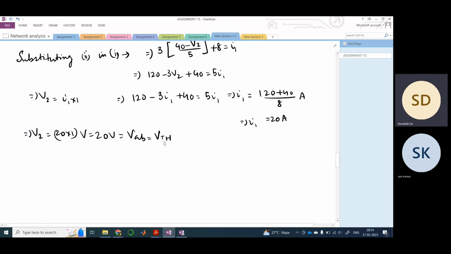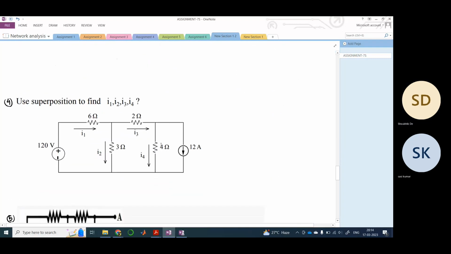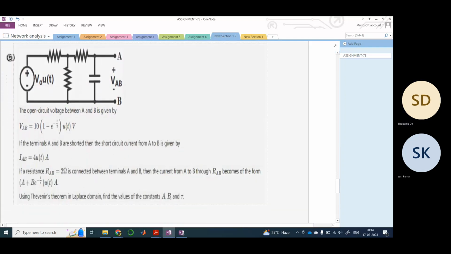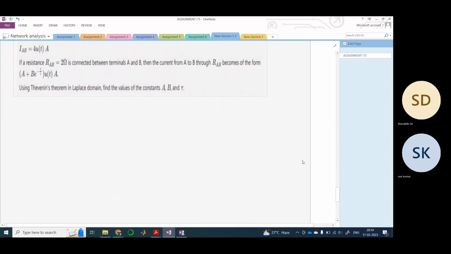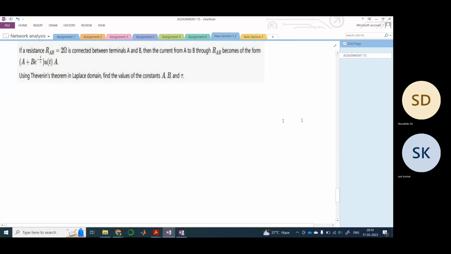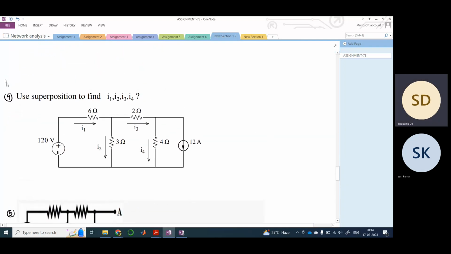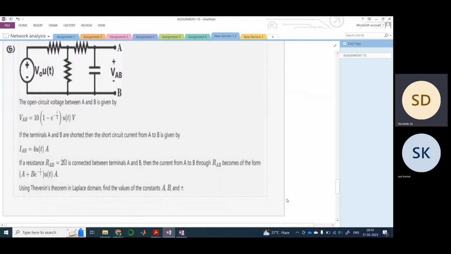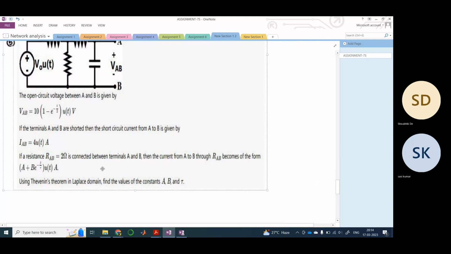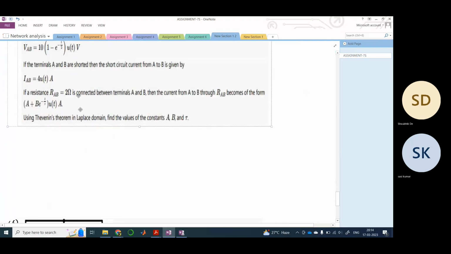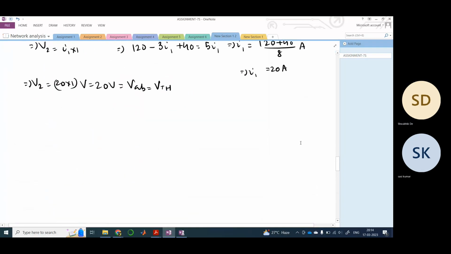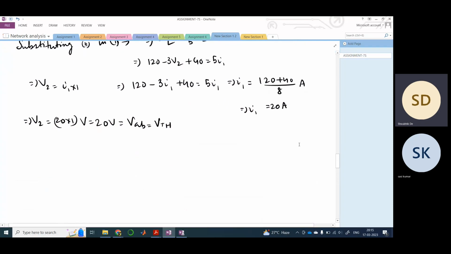Now we need to calculate the Thevenin resistance. What is the Thevenin resistance?